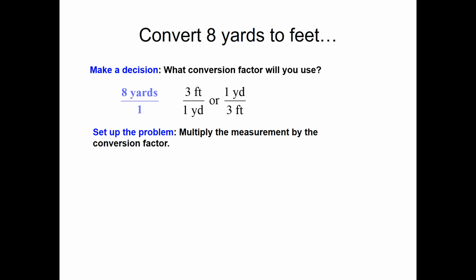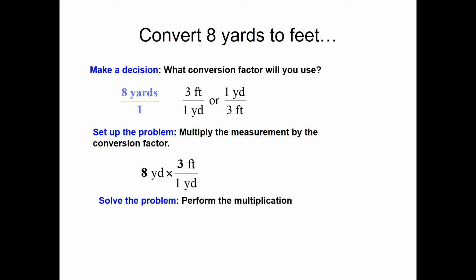Set up the problem and multiply the measurement by the conversion factor. You want yards on bottom, so it'd be 8 yards times 3 feet per 1 yard. And then you perform the multiplication.